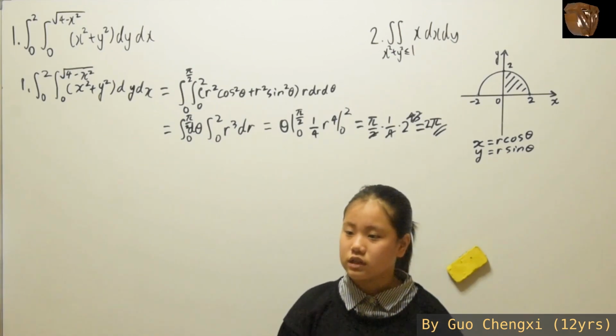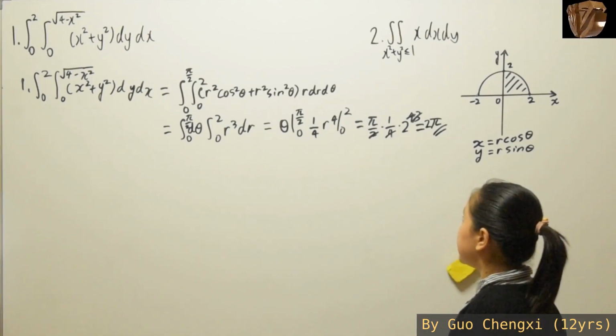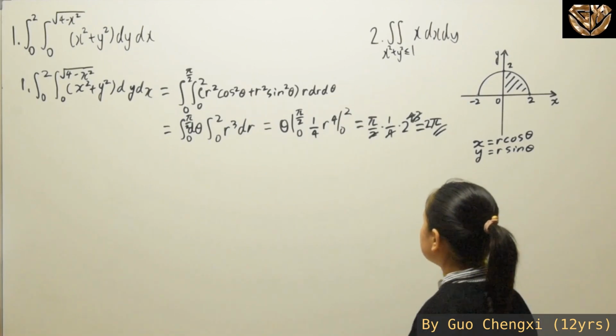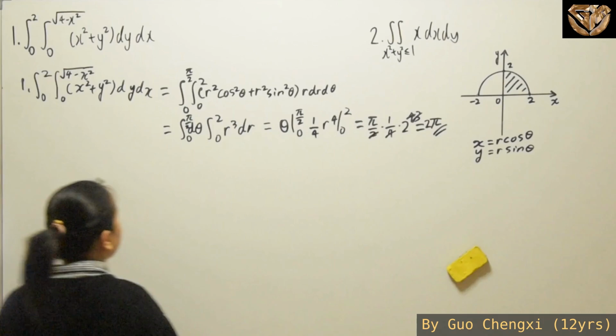So for our next example, what we have here is the double integral where x squared plus y squared is smaller or equals to 1 of x dx dy.